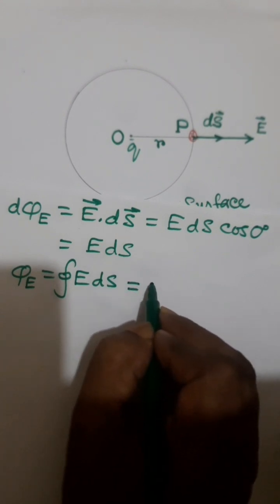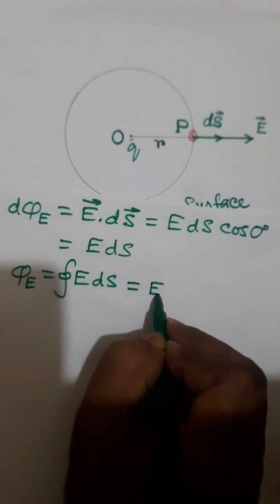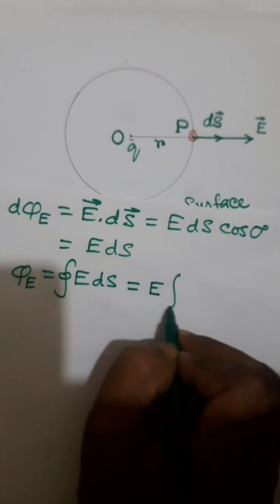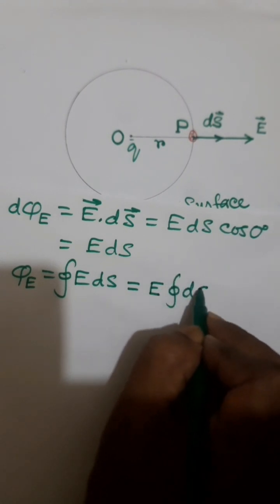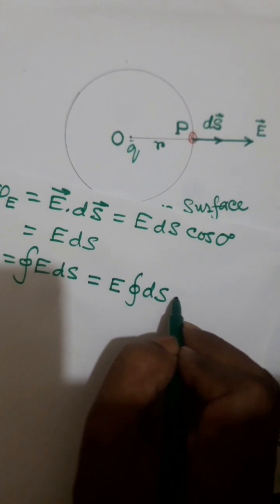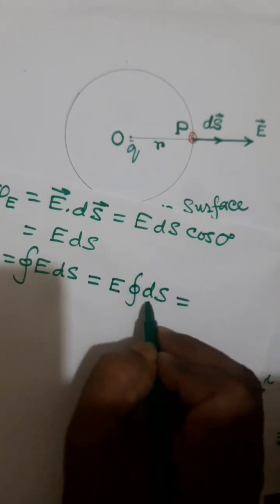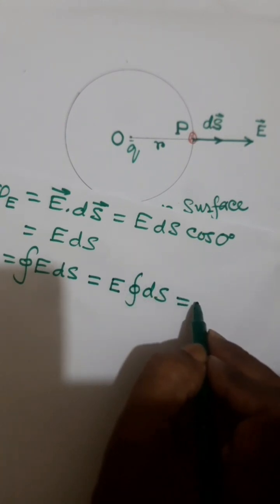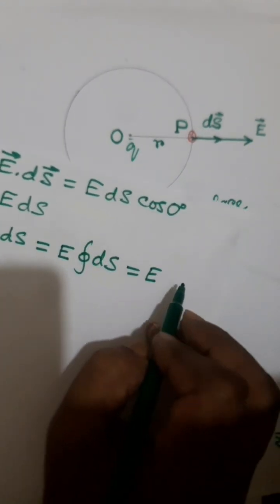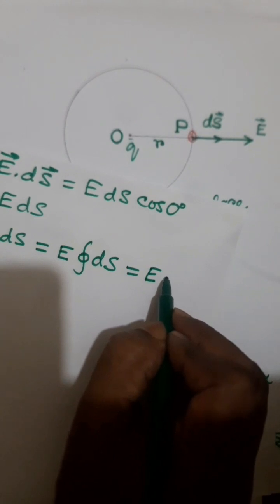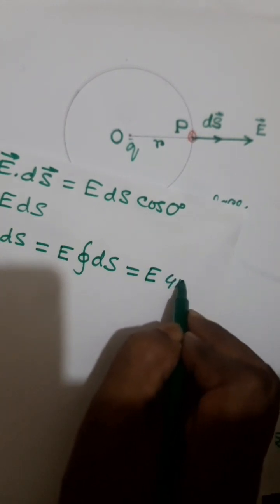Therefore, we can write E closed integration ds. Integration ds is 4 pi r square, the surface area of the Gaussian surface.